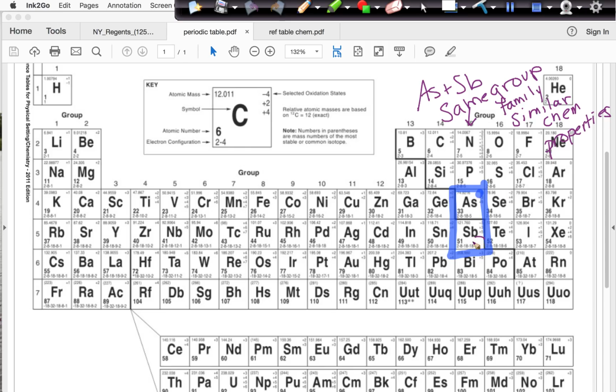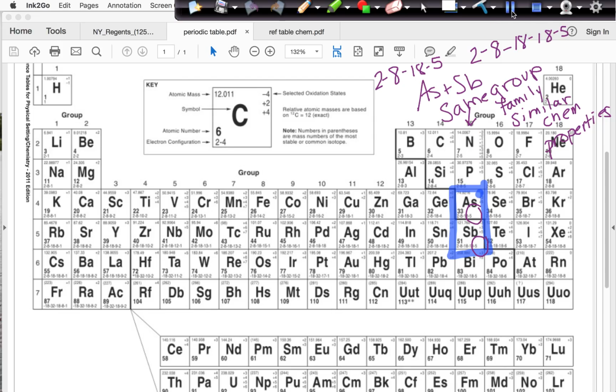The reason for those similar chemical properties is that elements in the same group also happen to have the same number of valence electrons. For arsenic, the electron configuration is 2, 8, 18, 5. For antimony, it is 2, 8, 18, 18, 5.